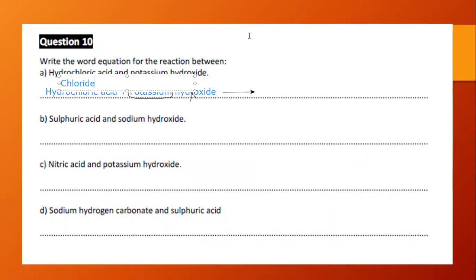Okay? Let's do it in red. Okay. So this means that the salt that you are going to use is called potassium chloride.